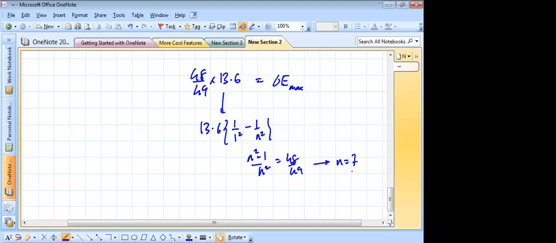So actually this is n equal to 7, मतलब this is the E6, because ground state is n equal to 1. First excited state is n equal to 2. Yes, okay. So this is the sixth excited state, और quantum number equal to 7.